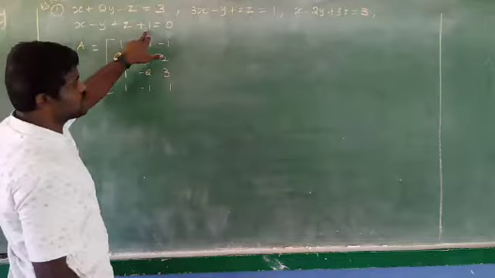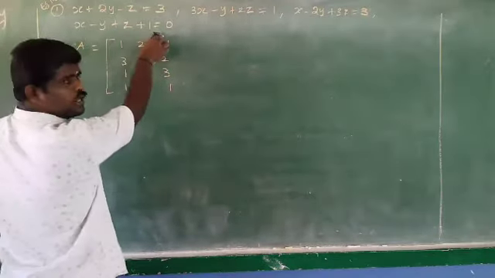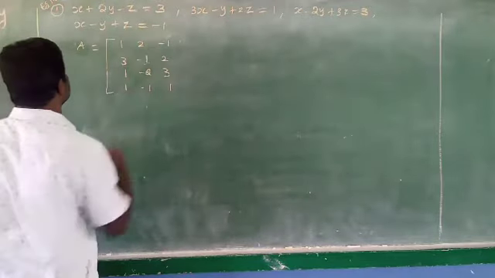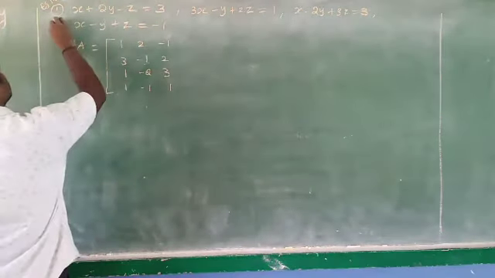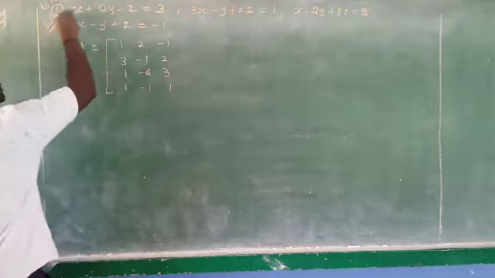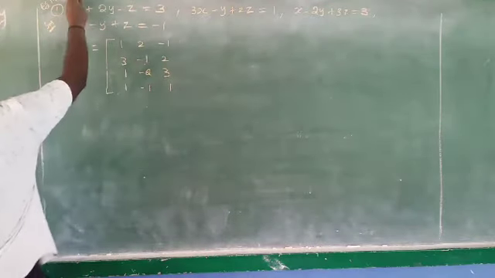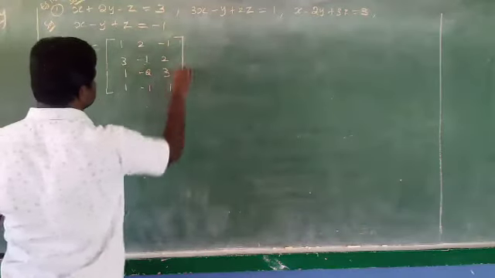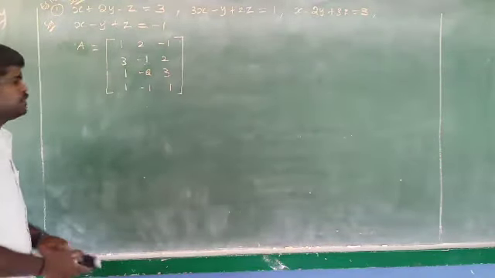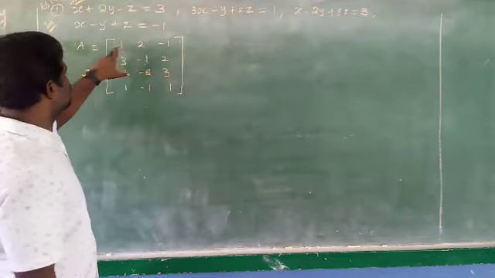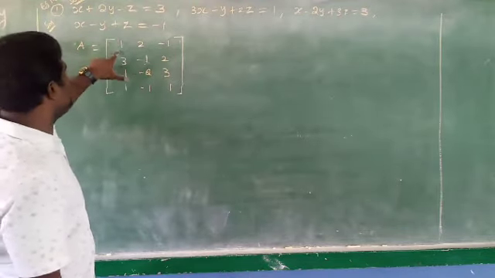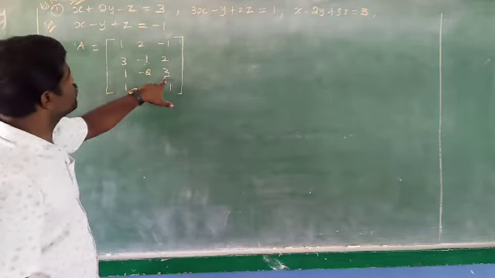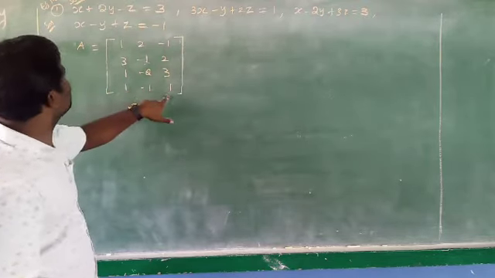In the 4th equation we have to take the plus 1 to the other side, so it becomes minus 1. This is also a 5 mark question. So there are 4 rows: 1, 2, minus 1; 3, minus 1, 2; 1, minus 2, 3; and 1, minus 1, 1.